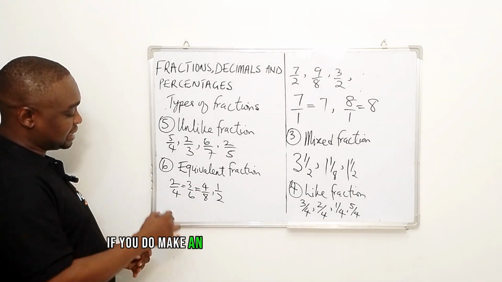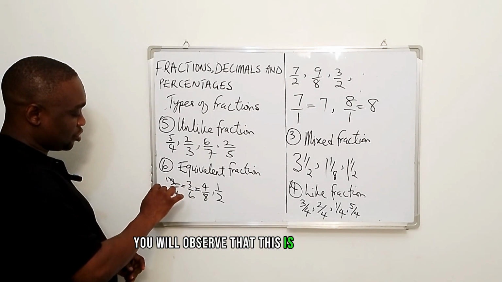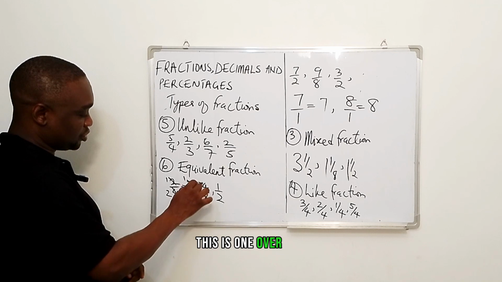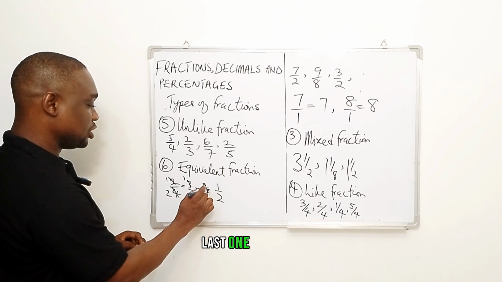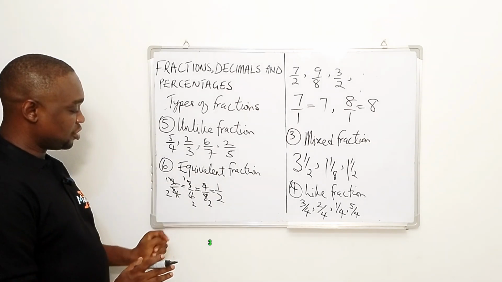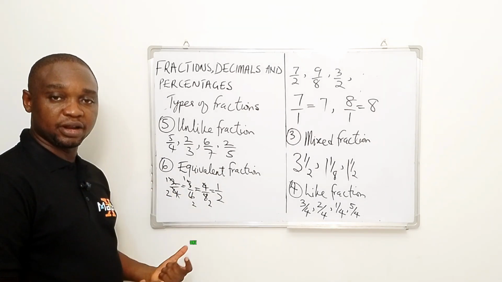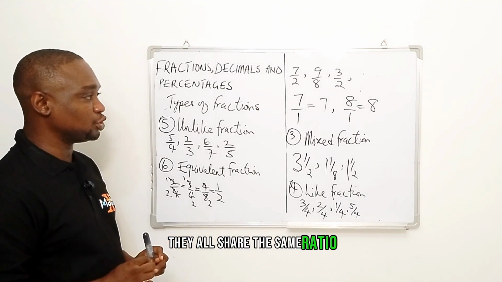They are all equal. If you make an attempt to reduce to lowest term, you will observe that this is 1 over 2, this is 1 over 2, this is 1 over 2, and so is this last one. So these are equivalent fractions: 2 over 4, 3 over 6, 4 over 8, 1 over 2, in that they all share the same ratio.